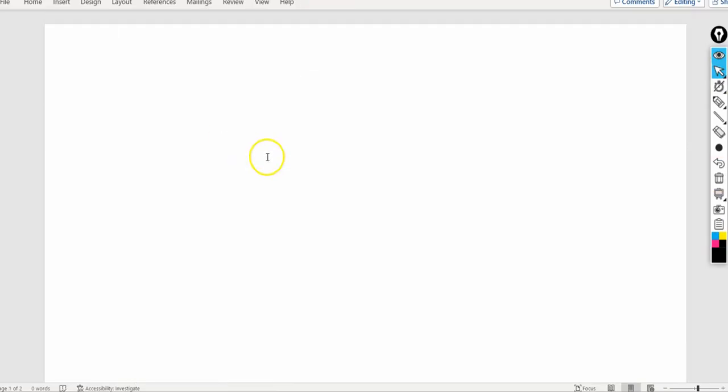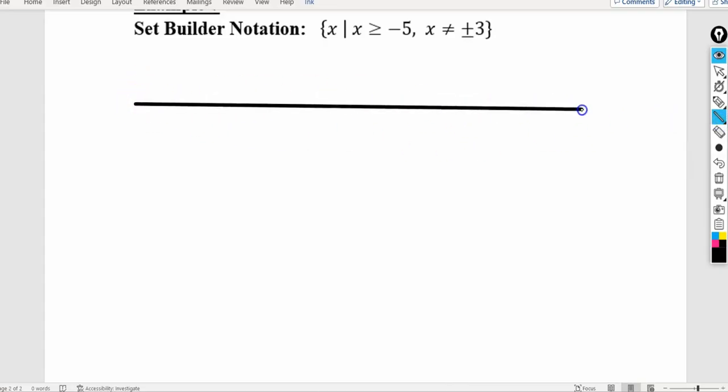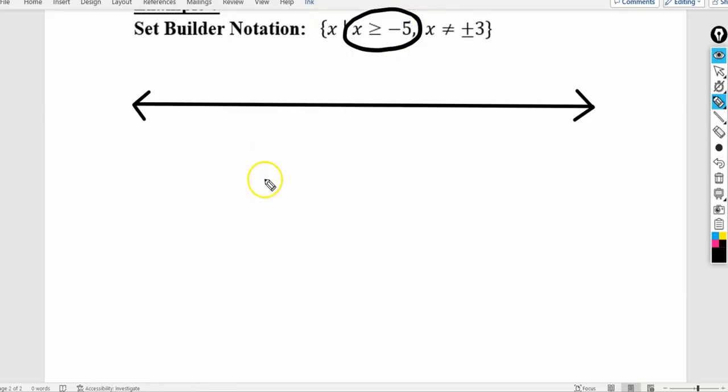And finally, what about that? Well, there's 2 parts there. So do each part on the number line, and then to get it into interval form, okay, let's do this part on the number line first.